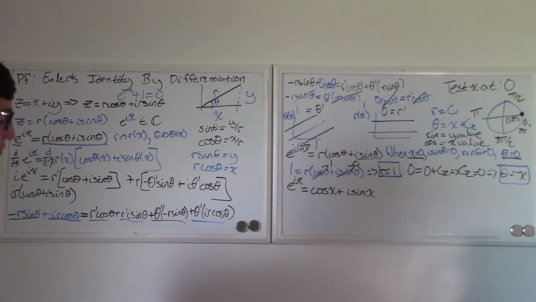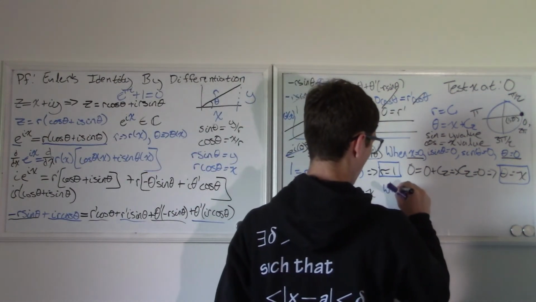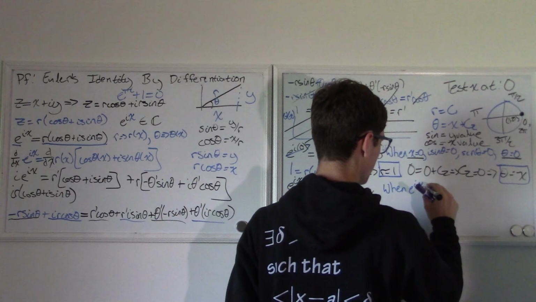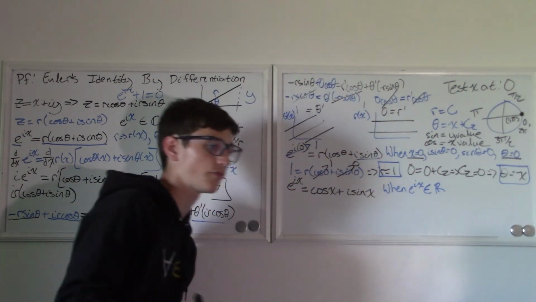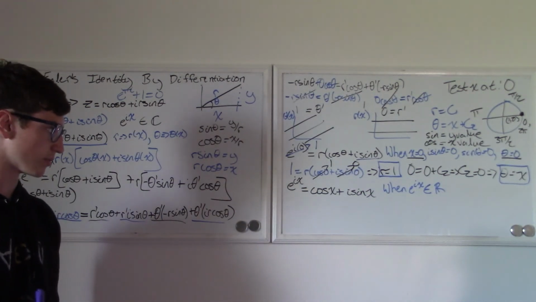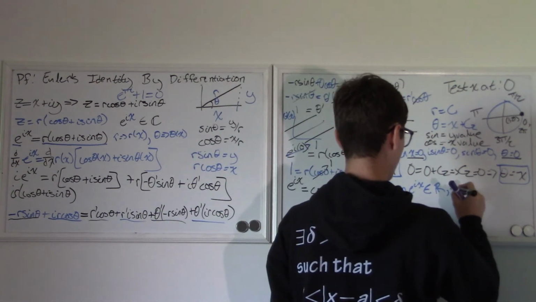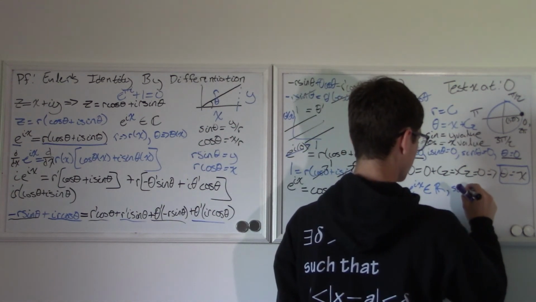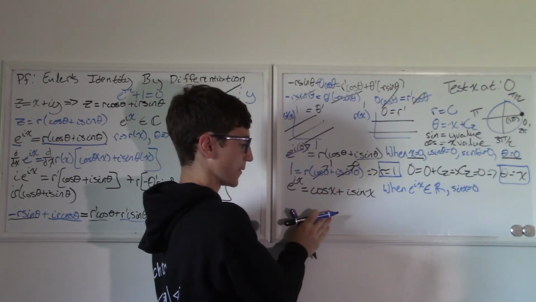So how are we going to do that? Well, think about when e to the power of i times x belongs to the set of all real numbers, R, right? When e to the power of ix belongs to the set of all real numbers, just like before, sine x must be equal to 0, because we need this to be gone, okay?